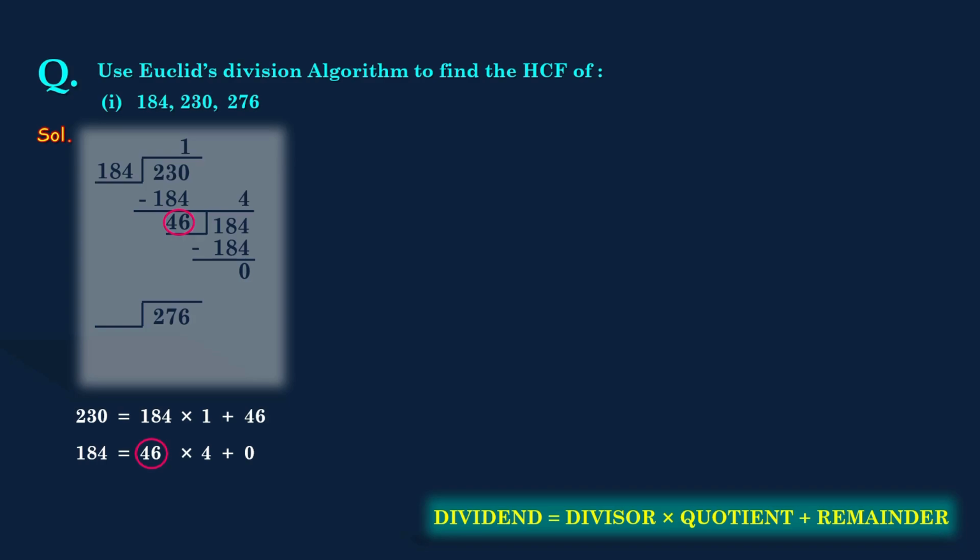Now we are going to take this number 46 as a divisor and the remaining number, that is 276, is going to be the dividend. So now 46 6s are 276 and there will be no remainder. So 276 equals 46 into 6 plus 0.